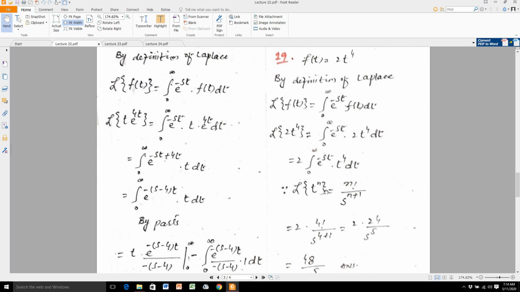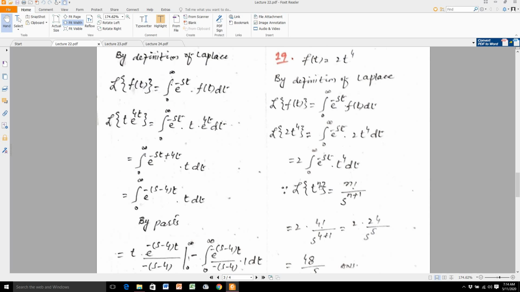Laplace of t raised to the power n is equal to n factorial over s raised to the power n plus 1. Here the power of t is 4, which means in place of n we have 4.